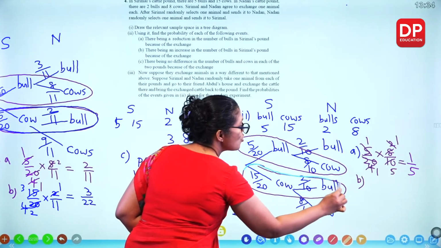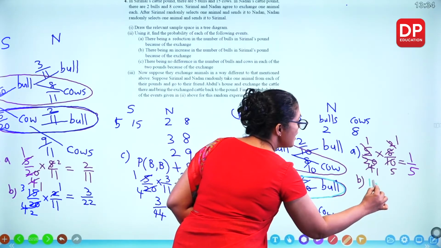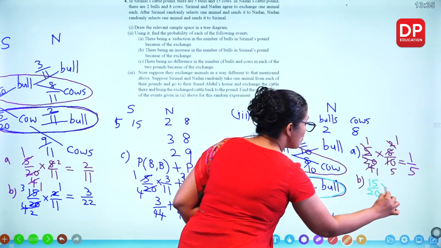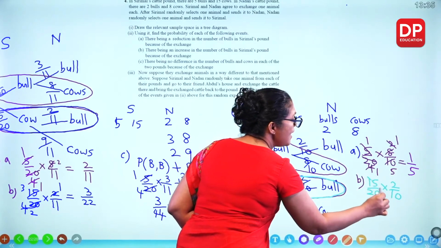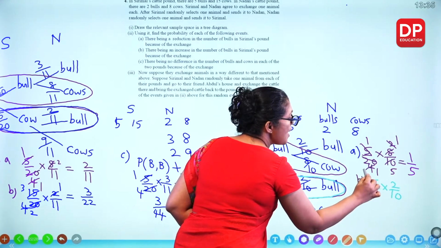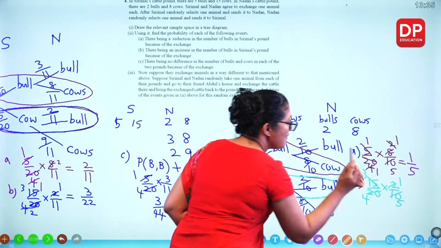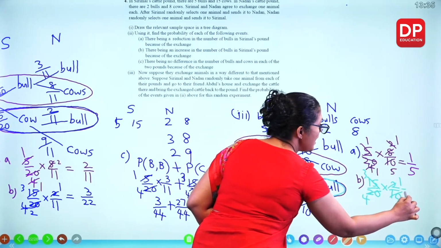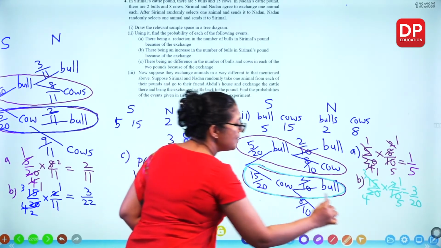So this branch you have to take. So what's the probability? 15/20 into 2/10. So simplify. 5 times 3, 5 times 4, 2 times 1, 2 times 5. So you get 3/20.